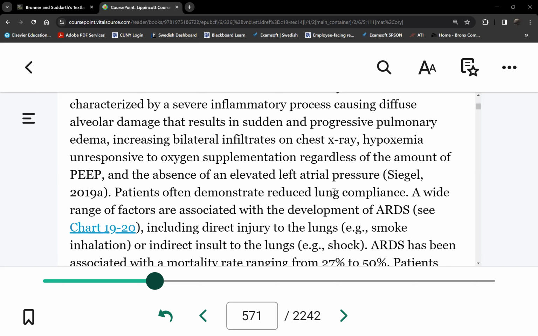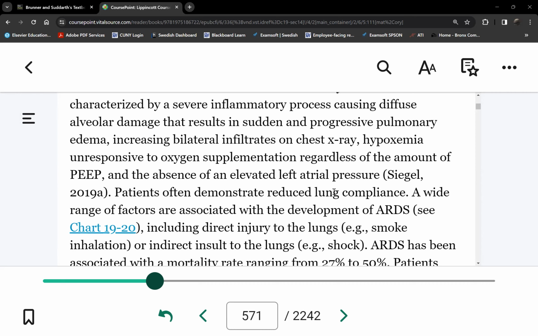Now, when you insert a pulmonary artery catheter in these patients and measure the pressures inside the heart, they're normal or sometimes even low. Does heart failure cause pulmonary edema? Yes.